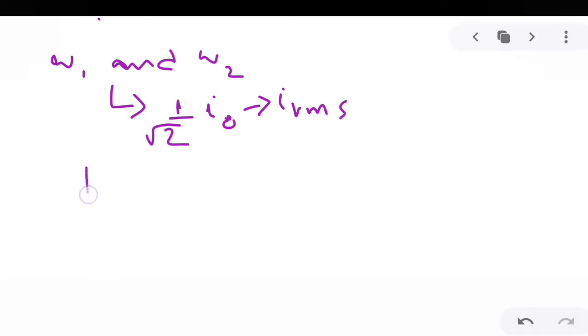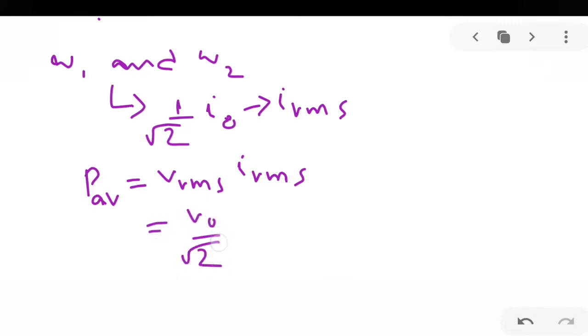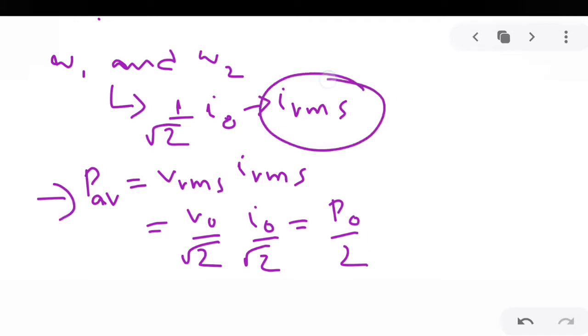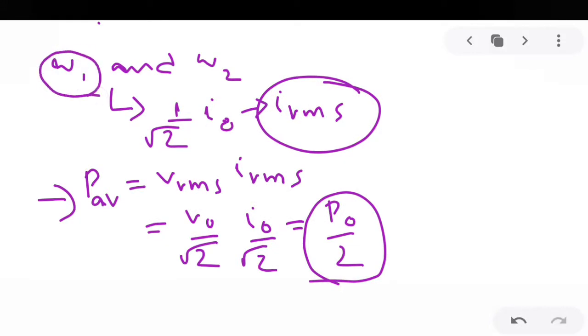Now the average power is VRMS times IRMS. This V is V naught by root 2 and IRMS is I naught by root 2, so that is equal to P naught by 2. So when this current flows in the circuit, the power dissipated becomes half. At angular frequencies omega 1 and omega 2, the power dissipated becomes half.